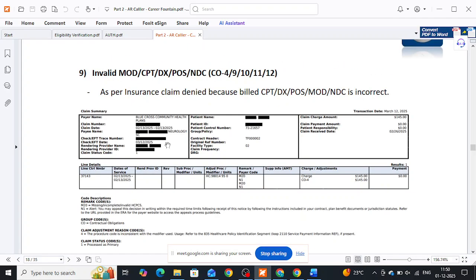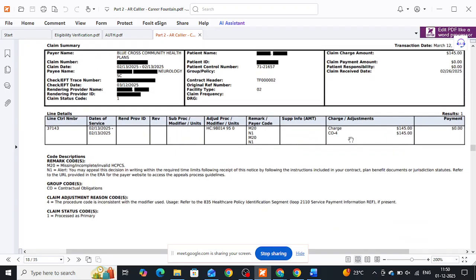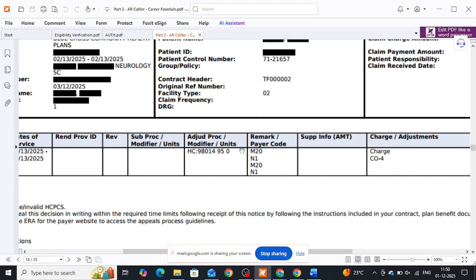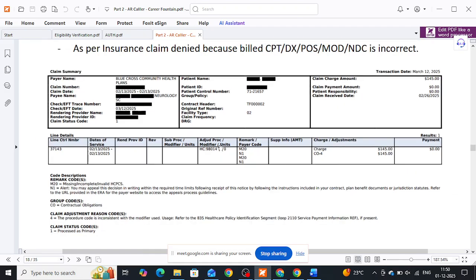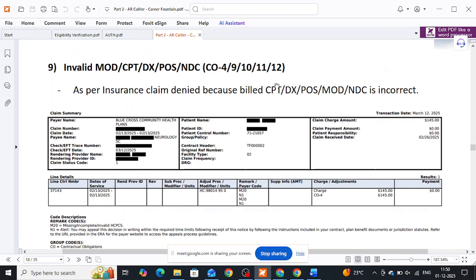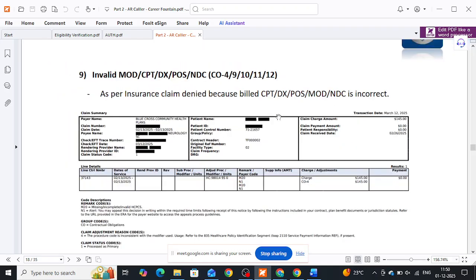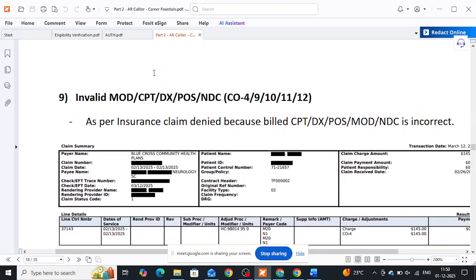Here the example is CO 4. Code 4 means the procedure code is inconsistent with the modifier. They are saying that the 95 modifier used on this is an invalid modifier. It could be invalid CPT, invalid diagnosis, place of service, modifier, NDC, anything. Every denial related to coding needs to be sent to the coding team.